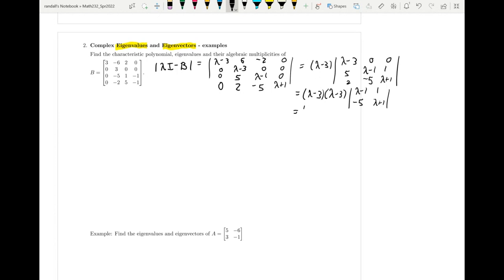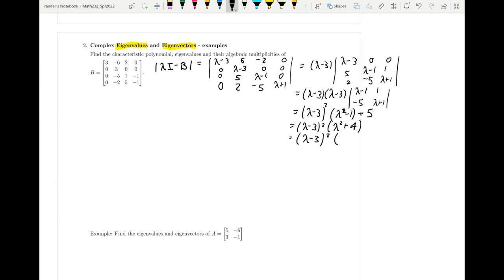And so we get this polynomial, lambda minus 3 squared, lambda squared minus 1 coming from the diagonal product in that 2 by 2 matrix, and then plus 5, okay, which we'll write as lambda minus 3 squared, lambda squared plus 4. Okay, so this is already in factored form, which is what we want because we want to identify the roots.